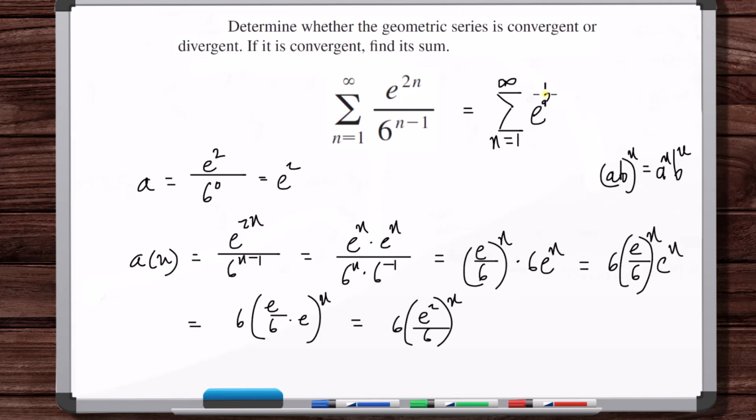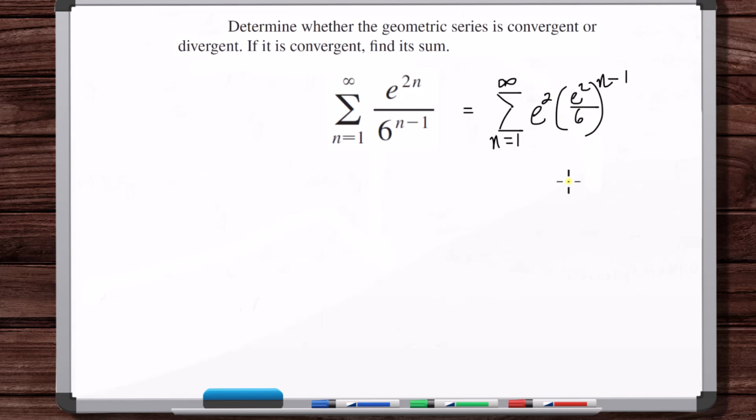So what we've got is e squared, because this is the form that works that way: if you have the n minus 1 power on the common ratio, you just put the first term out front. When n is equal to 1, this goes to 1, and you're left with the first term. So again, a is equal to e squared.